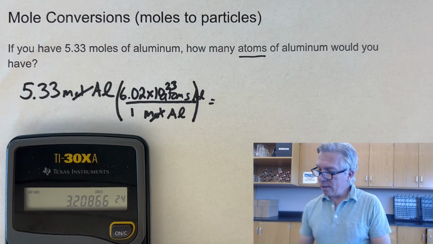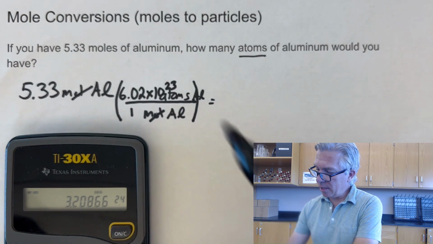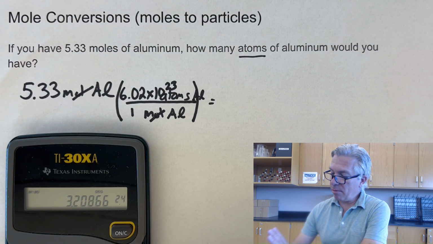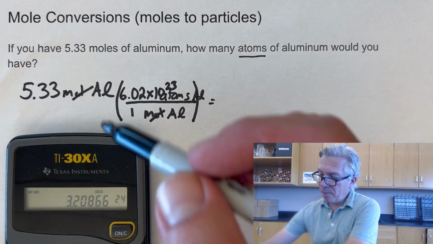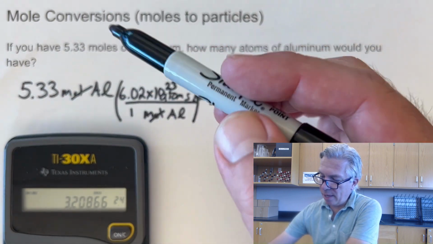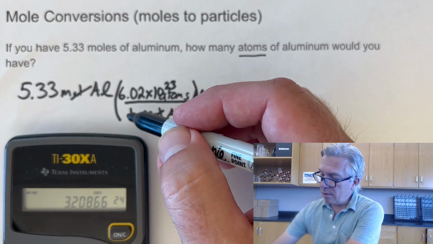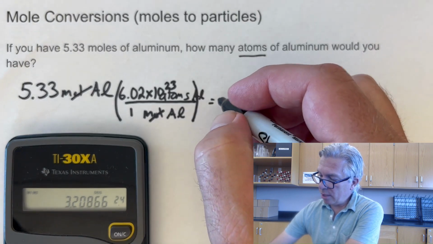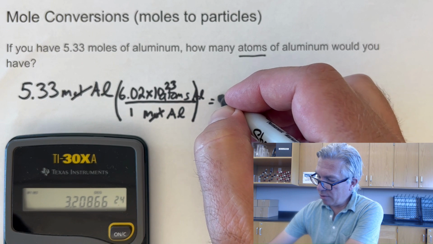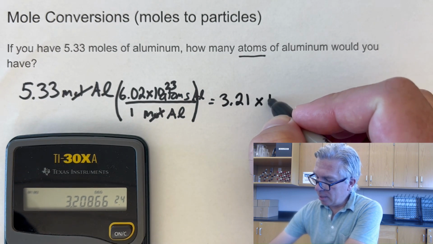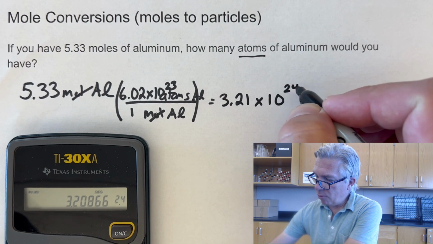And so my calculator, after I punch it in, 5.33 times this gives me 3.20866 times 10 to the 24th. Now, I probably shouldn't put all those digits. I only have 3 digits here and also 3 digits in this coefficient. The 1 is an exact value, so let's just end with 3 digits: 3.21, I'll round that up, times 10 to the 24th.